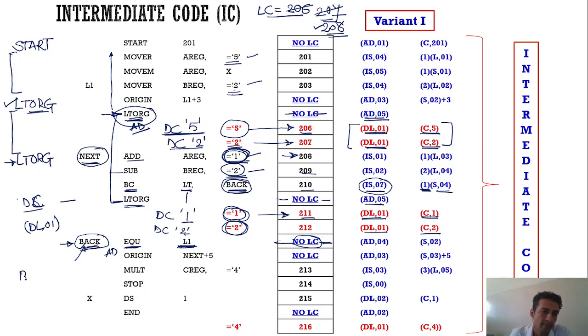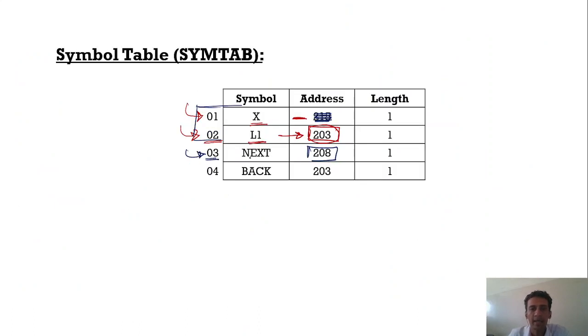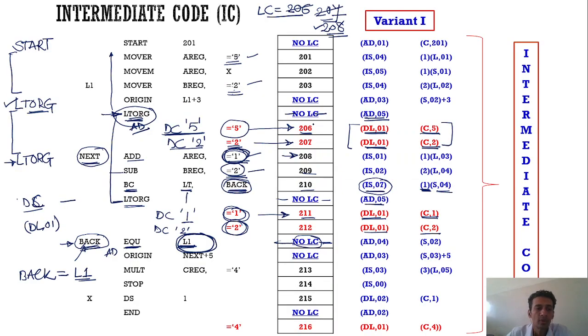So back will be given the address of the result of the expression that we have in the operand field. Over here we have only L1. So if you look at the symbol table, we have the address of L1 as 203. Okay, so back will be given the address of L1, that is 203. So in the symbol table we will update the address of back as 203.